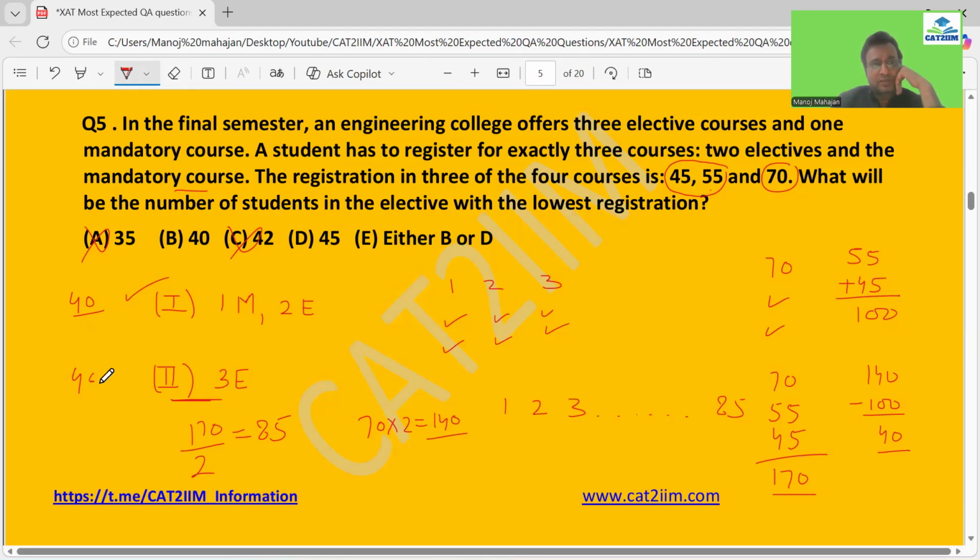So in case number two, we got 45 as the lowest registration, and 85 students are there who picked up the mandatory course, right? And that is of course mandatory. So there are 85 students in the final semester of the engineering college, if I go with the second case, that is the possibility, right? So both the cases are possible. So the answer is 40 or 45, which is your option E out here.